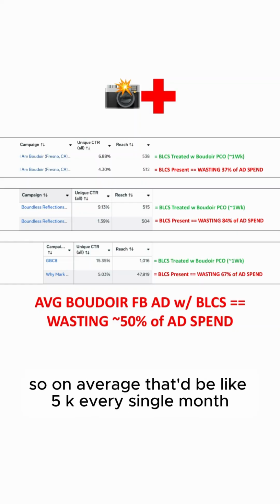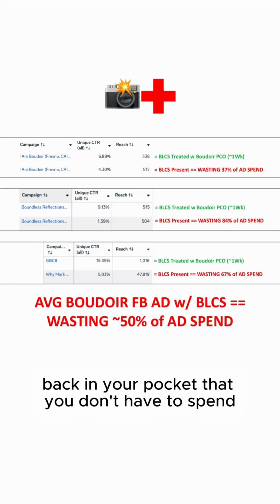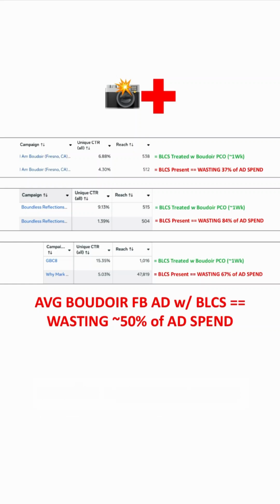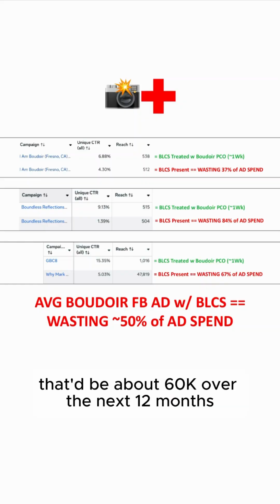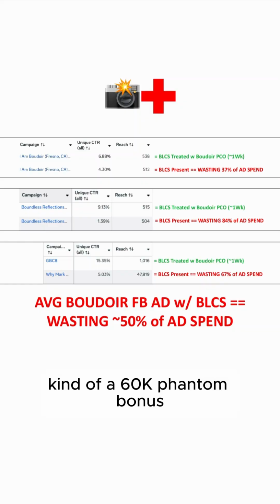So on average, that'd be like 5K every single month back in your pocket that you don't have to spend, kind of like a phantom bonus. And that'd be about 60K over the next 12 months, kind of a 60K phantom bonus.